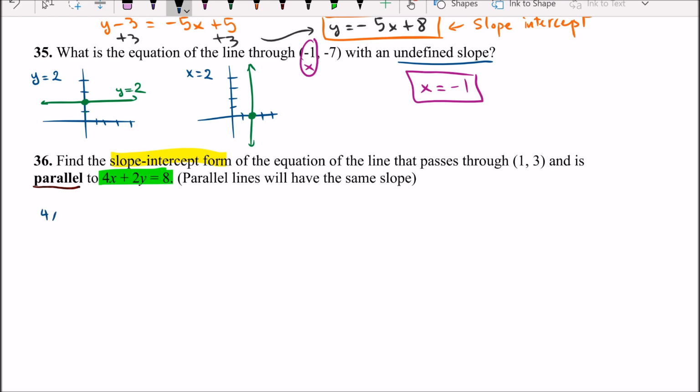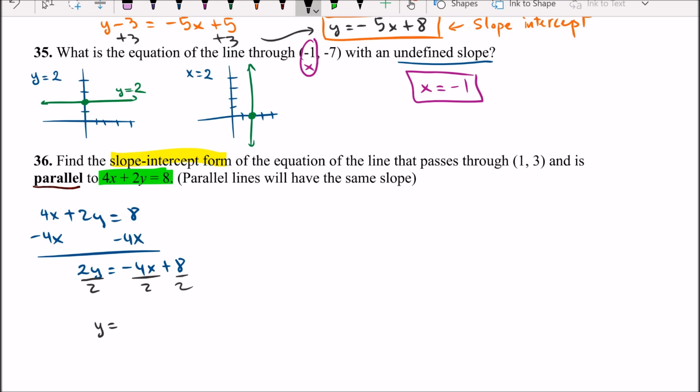So 4x plus 2y equals 8, minus 4x on both sides. 2y equal to -4x plus 8. Then we divide both sides by 2. Y equal to -4 divided by 2 is -2x plus 4.